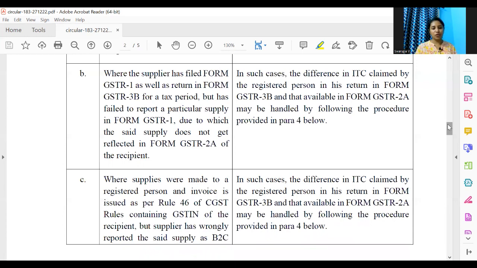The fourth scenario is where the supplier has filed GSTR 1 and GSTR 3B, and has shown this particular invoice in B2B only, but he has used the wrong GSTN number. So in this case also, CBIC has clarified by this circular that the credit is allowed.